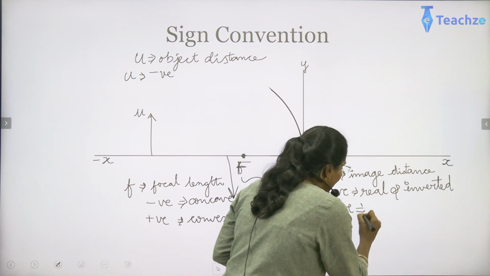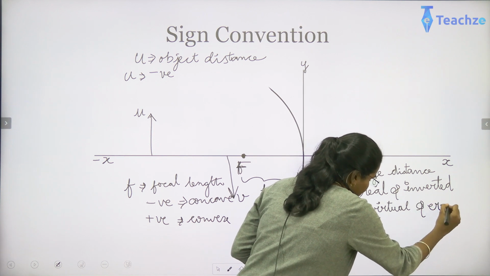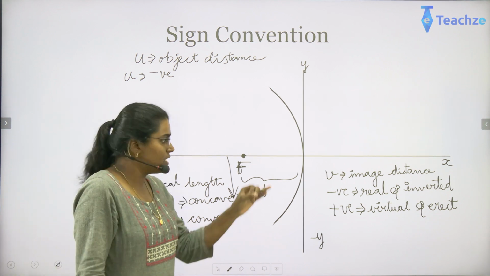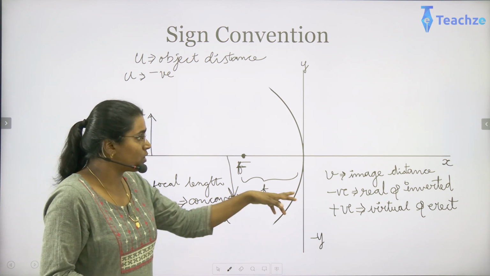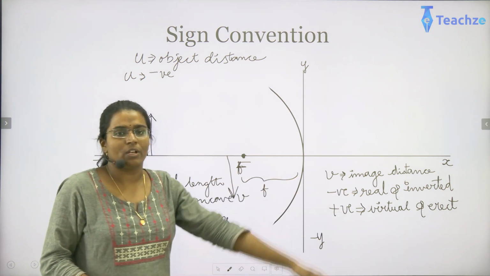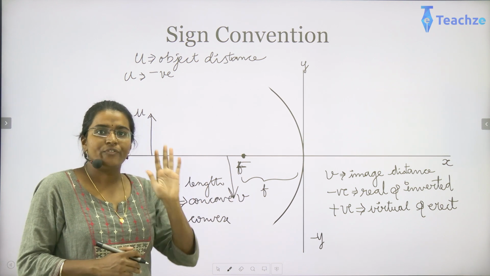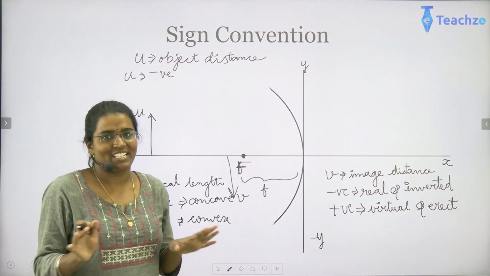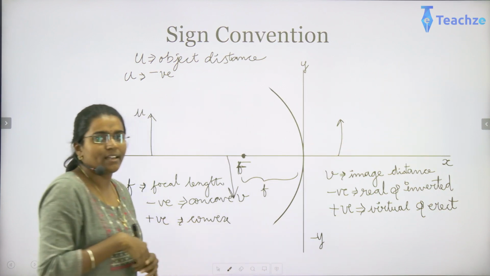Very good. So my image distance will be negative for real and inverted and positive for virtual and erect. Real and inverted will be only for the concave mirror. For convex mirror, it will be only virtual and erect. So whenever it is forming this side, all the 5 cases in your concave mirror, the image distance will be negative. Okay. Whenever it is this side, it is virtual and erect, positive.